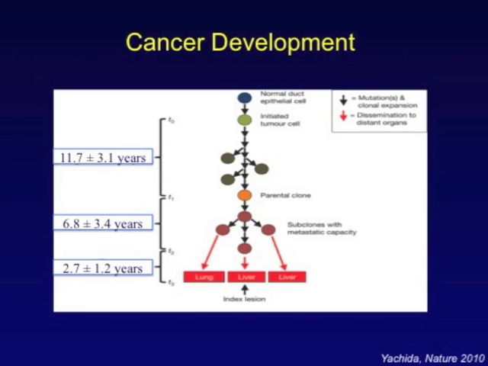Once those cellular events occur, tumors begin to grow and may disseminate early in the growth process. What this cartoon is showing is that cells in maroon are breaking off from the primary tumor in this representative patient about 6.8 years prior to diagnosis.